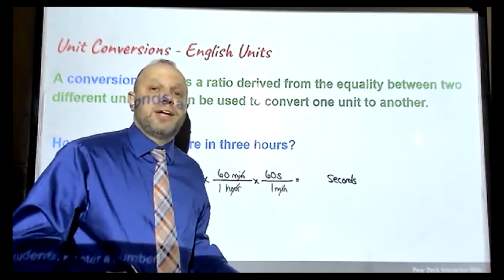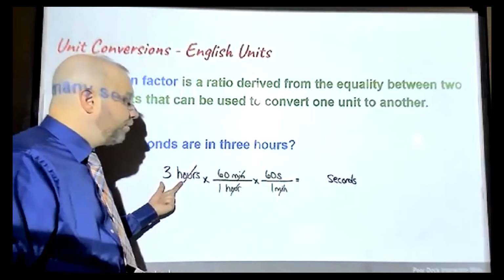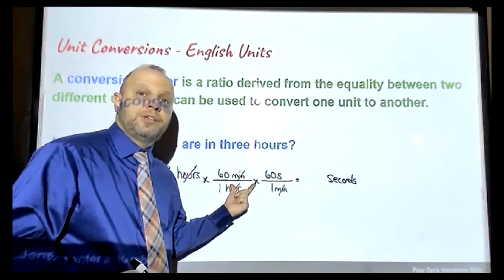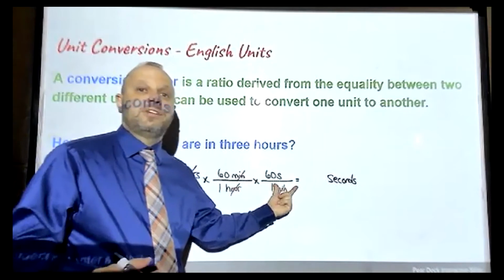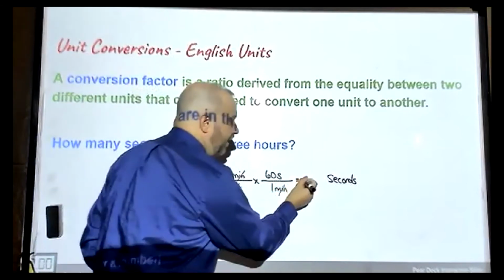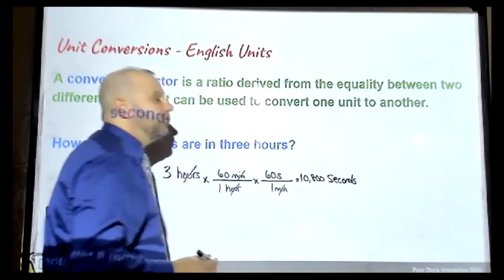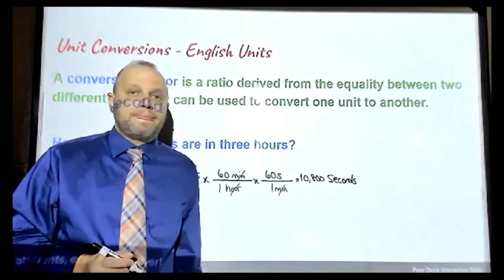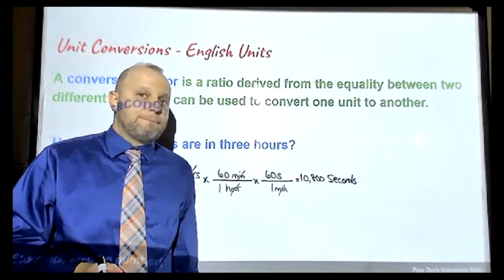And that's what I want for my final answer. When I type this into the calculator, I have 3 times 60, because 60 is on top, times 60 again, because 60 is on top, and I get 10,800 seconds. Is that clear?